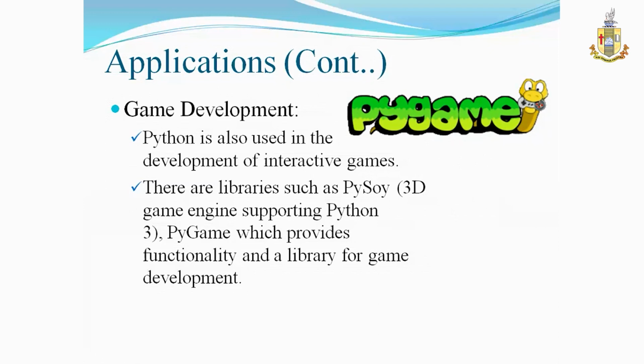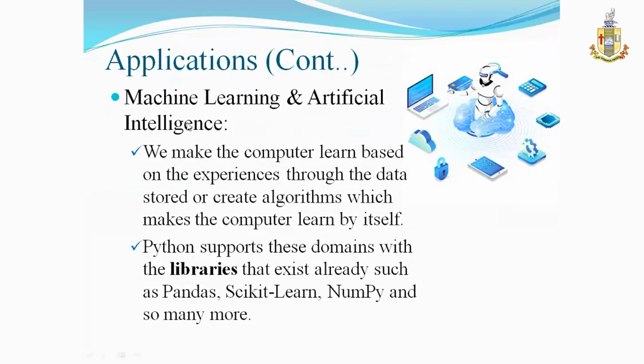For game development, there are many libraries like PySoy and Pygame. Such libraries are used for game development. For machine learning and artificial intelligence, Python programming is used for making the system learn from experience and then predict or bring a solution.